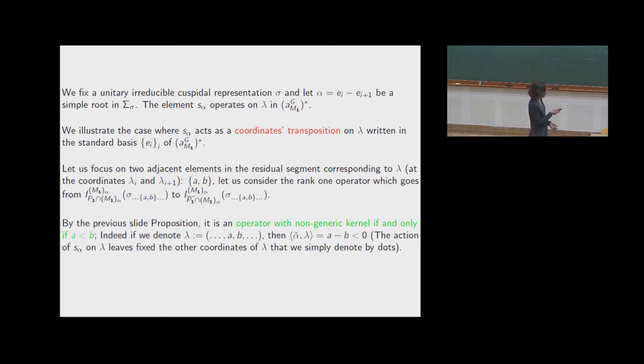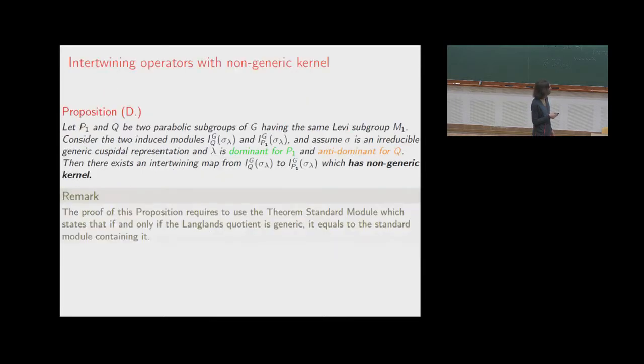So it acts on this parameter λ. Because it depends only on two coordinates, it will actually act as a transposition on the i and i+1 coordinates.